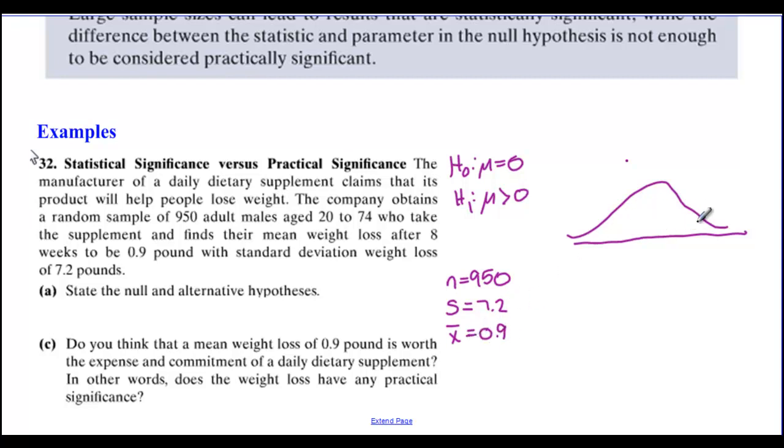So let's look up our critical value first. So we're going to go to our t-chart. We have 949 degrees of freedom, and it's not giving us an alpha. So let's go with maybe alpha is 0.05. So we'll just determine it. Again, whenever you're being asked to do this, you'll be given an alpha. So we're just going to pick alpha as 0.05.